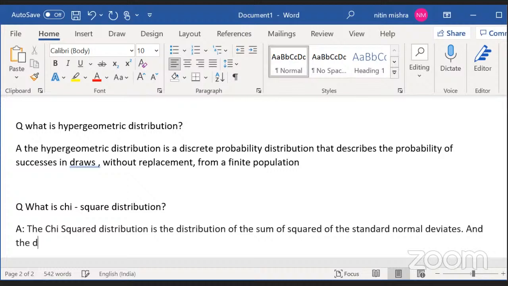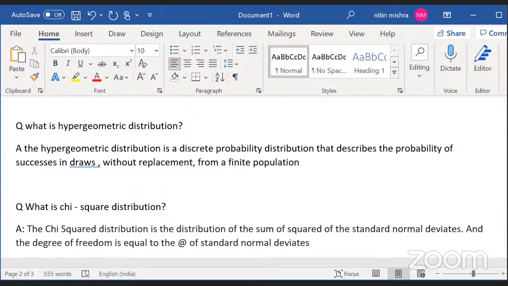And degree of freedom is, if you are dealing with multiple distributions, to give you an understanding, let us say the distribution of children under 7 years of age is one distribution.